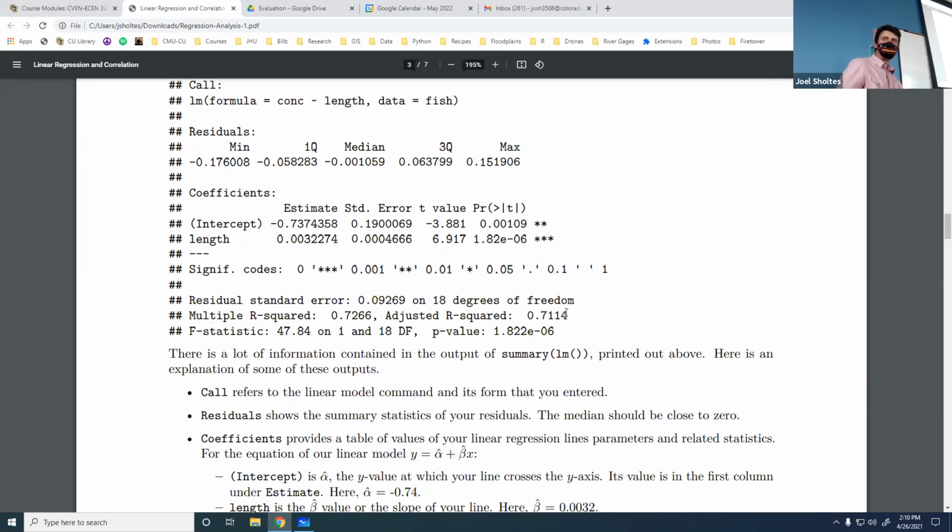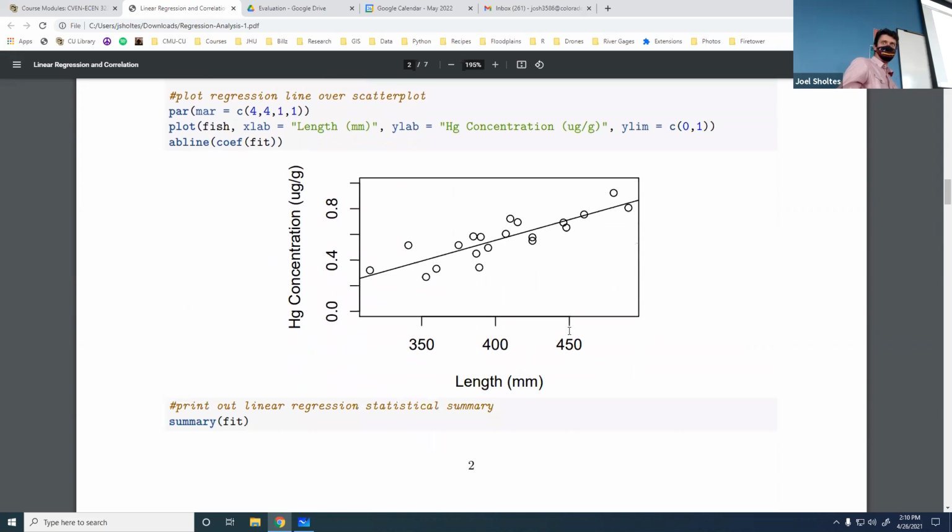But R squared values are really important. And this tells us the percent of variability of y that is predicted by x. I'll talk about that more next time. But if I say I want to do the linear regression between fish length and mercury concentration, well, in this case, about 70% of this variability, you can still see there's variability, right?